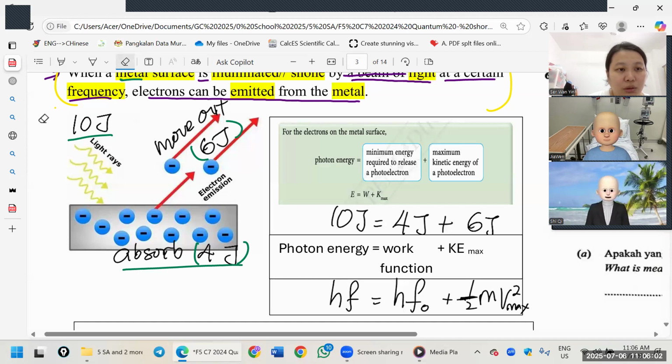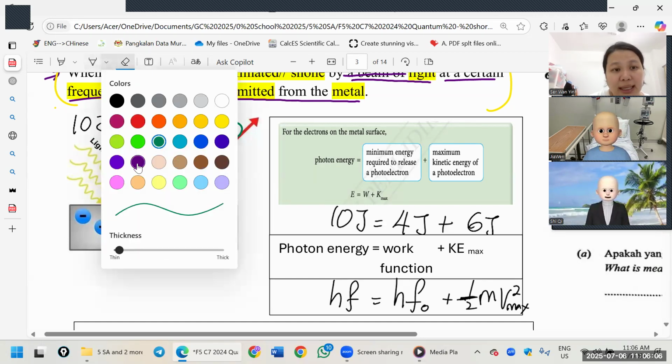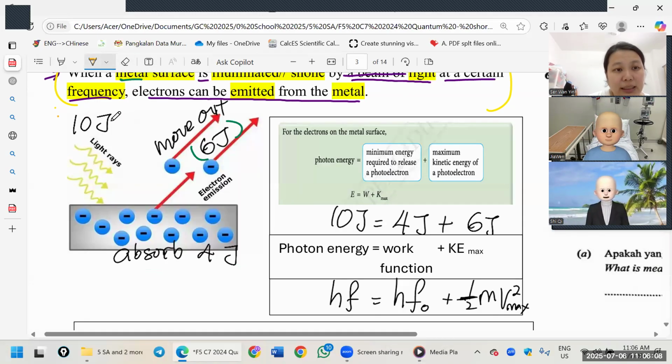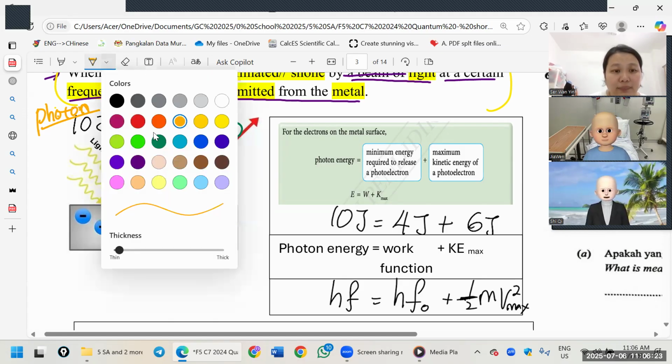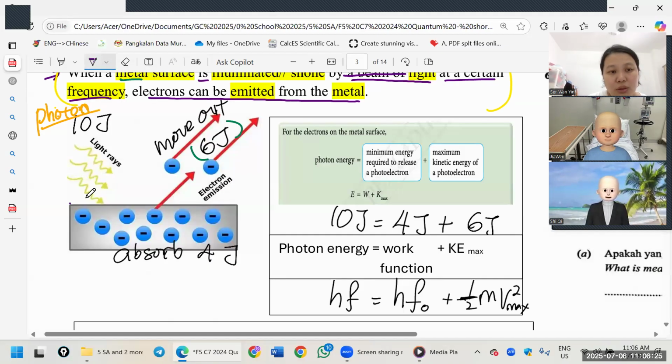Then next, what should you do? You need to remember the name of each energy here. The 10 joules of light ray, we call it photon. The name must remember: photon is energy. Second, absorb 4 joules of energy to break bond.